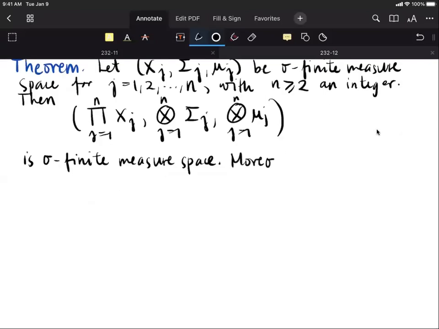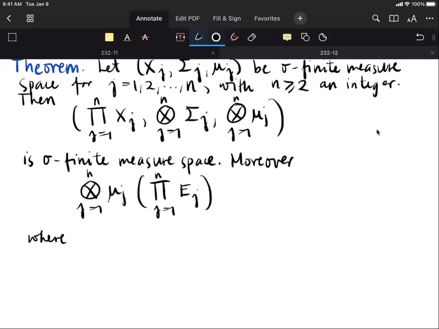In addition, you can show that if I take the measure of the Cartesian product of, let's say, E sub j, j from 1 to n, where E sub j is an element of sigma sub j, j from 1 to n, this is the same as the product of the measures.